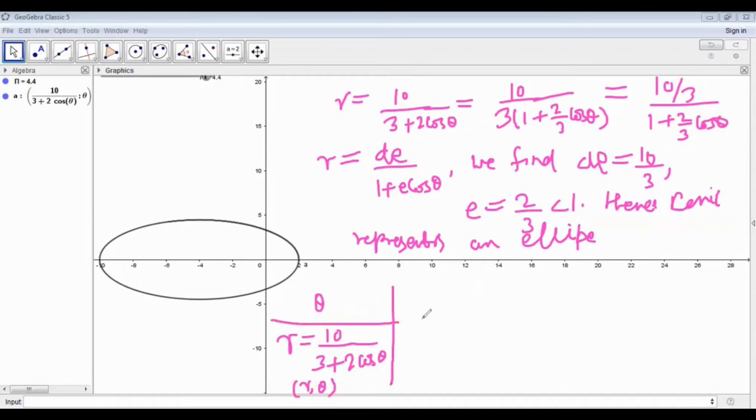The values of theta are taken as 0, pi by 2, pi, 3 pi by 2, and 2 pi. We can also take more points.